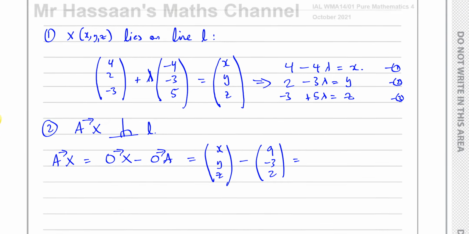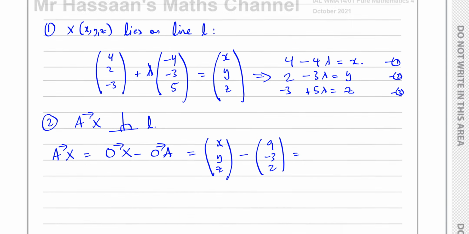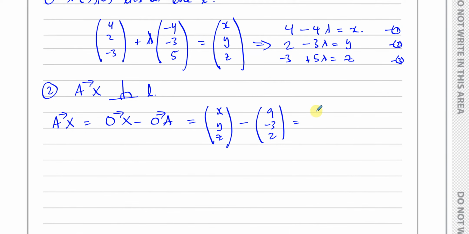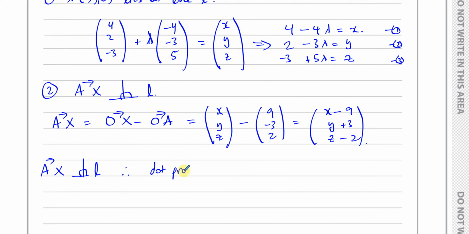Just make sure that we said that correct. Yep. So this will give us the vector x minus 9 and y plus 3 and z minus 2. So that's the vector A to X. And we know that A to X, as we said, is perpendicular to L. Therefore, the dot product is equal to 0.